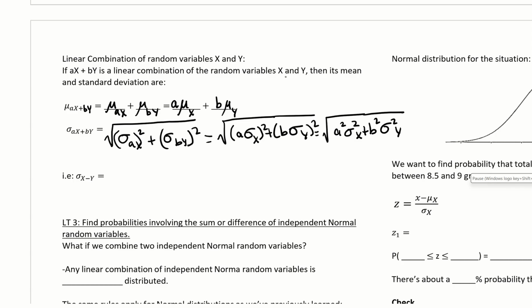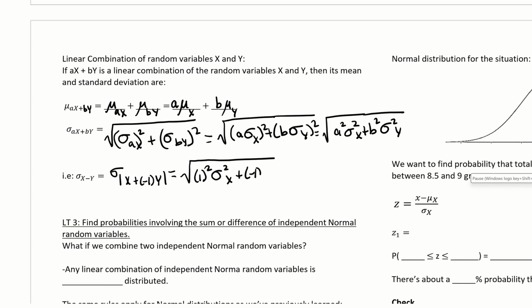So if I have x minus y, what would I do? Well, I would keep in mind that this is the same thing as x plus negative 1y, right? And so when I use the formula, a is 1, so I get 1 squared.